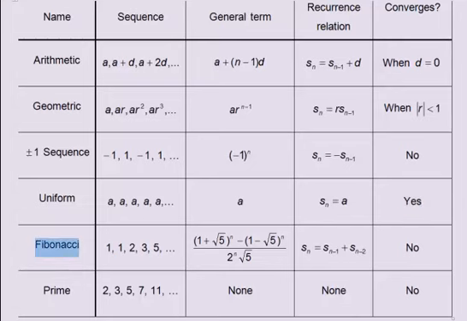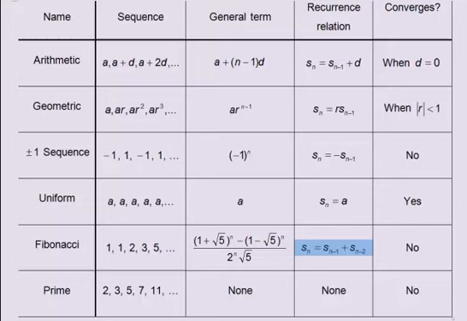Fibonacci sequence, 1, 1, 2, 3, 5, and so on. General term, 1 plus root 5 to the power n minus 1 minus root 5 to the power n, all divided by 2 to the power n multiplied by root 5.